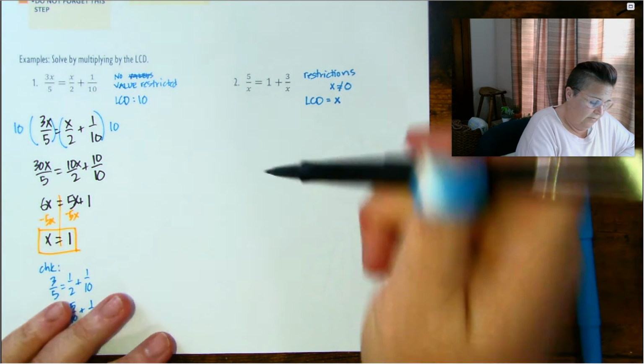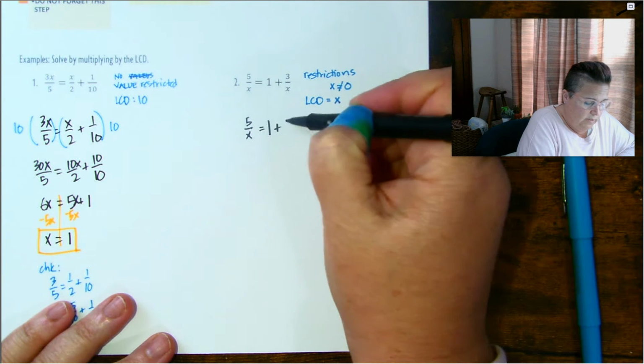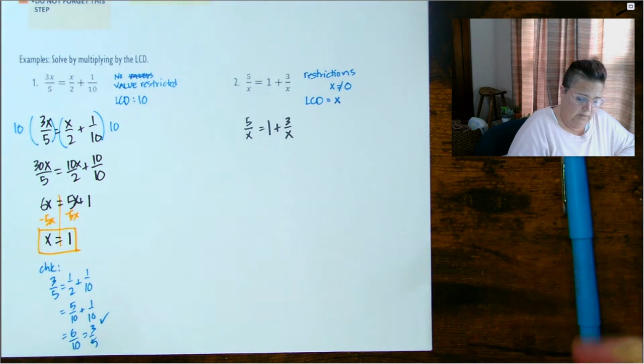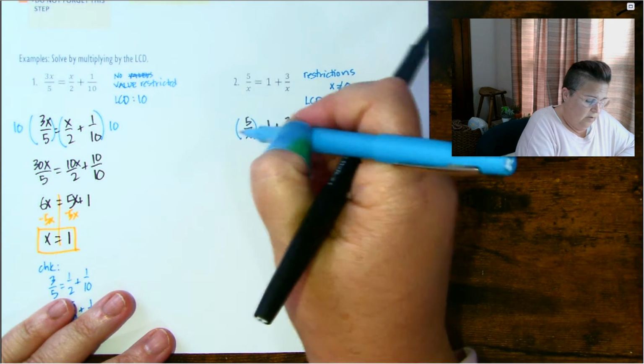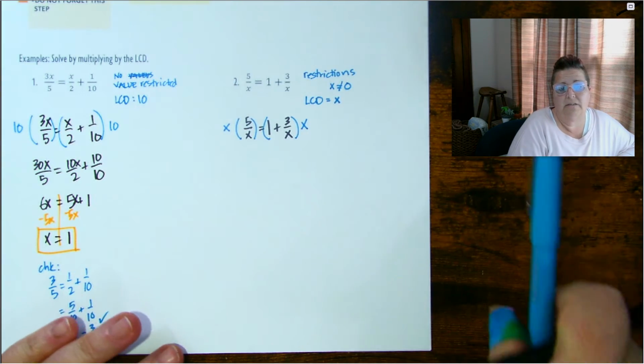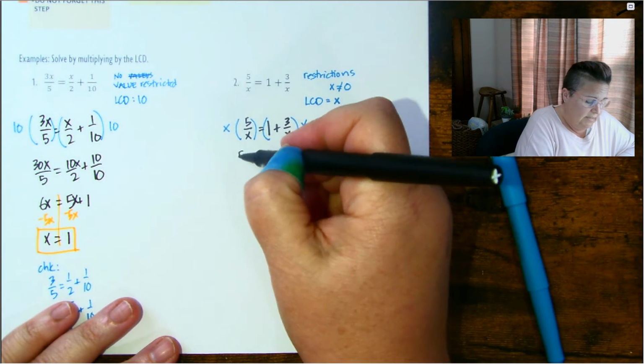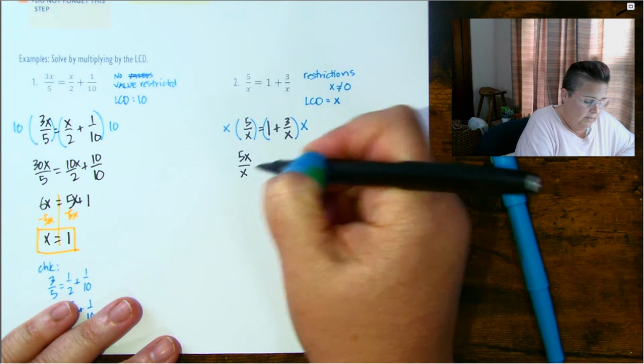So we're going to take 5 over x equal to 1 plus 3 over x. And we're going to multiply both sides of this equation by x, or x over 1. On the left side, this gives us 5x over x.